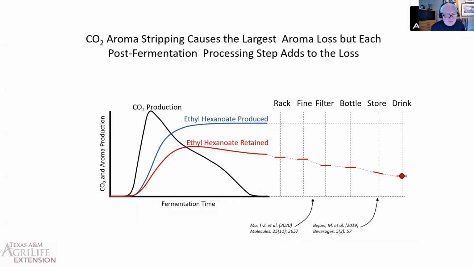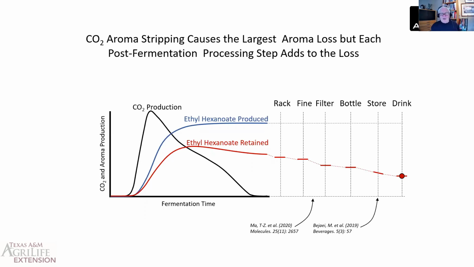If he's going to splash the wine around during the racking, he's going to lose more aroma than if he or she is very, very careful. If you use too much bentonite clay, you're going to lose more aroma than if you use just the minimum amount. And if you filter once or maybe even twice and use fine filters, you're going to lose more than if you don't filter at all. And the act of bottling may actually cause some aroma loss as well.